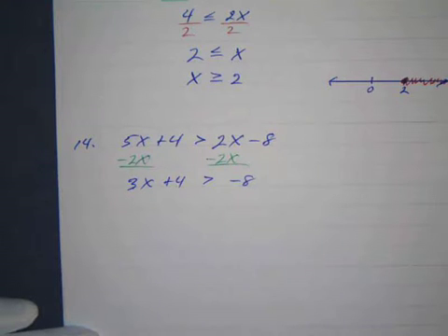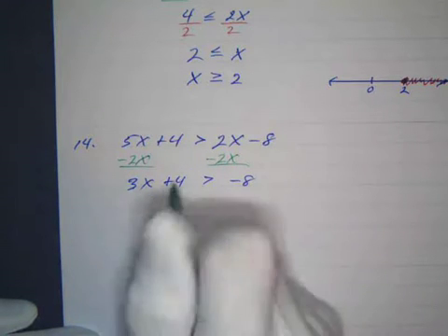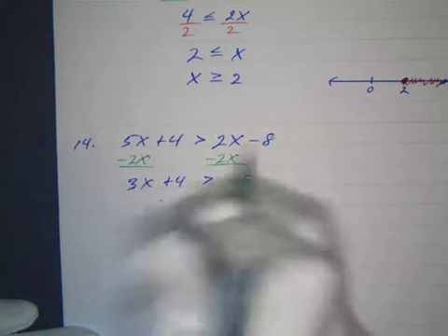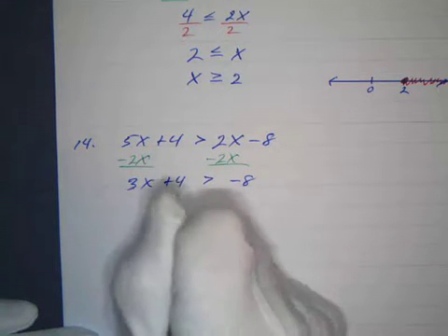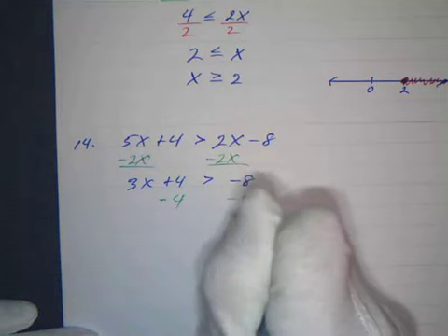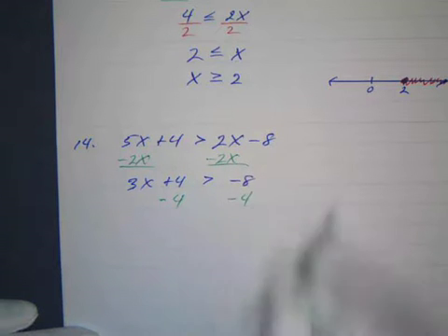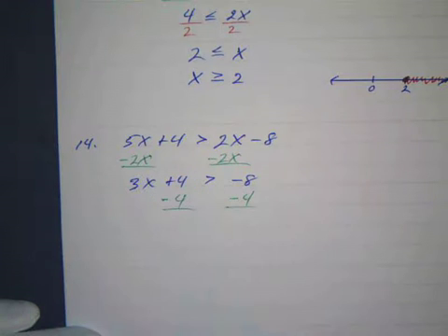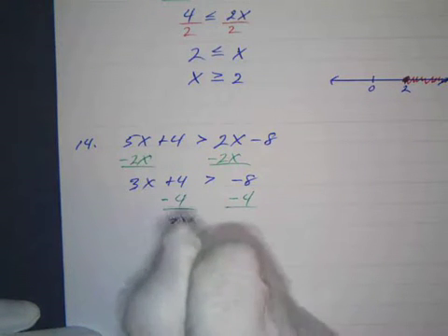Then I'll subtract 4 from both sides to get all my numbers on the same side. And 4 minus 4 is 0, so I just have 3x on the left.